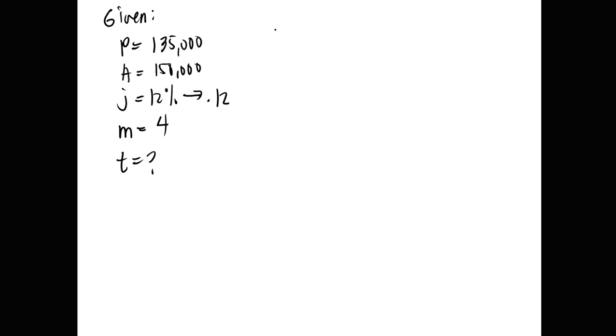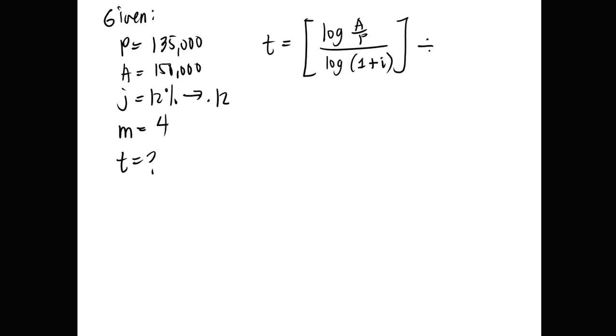Okay, so now let's write the formula for the time. We have log of A over P divided by log of 1 plus I divided by M. Okay, so that is the formula for the time. So let's see if lahat po ba ay nasa given na bago natin siya i-solve.